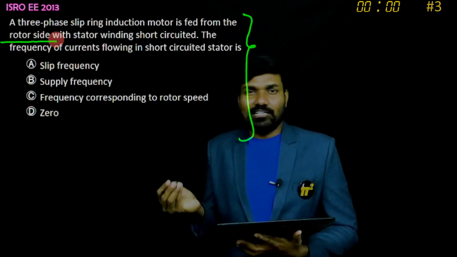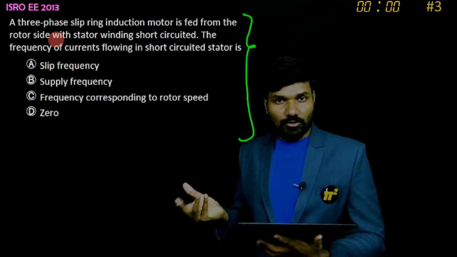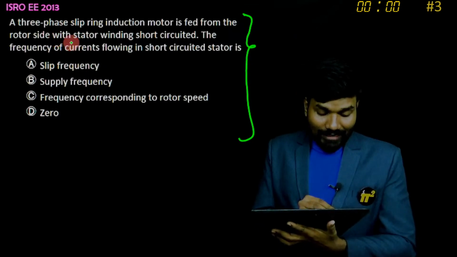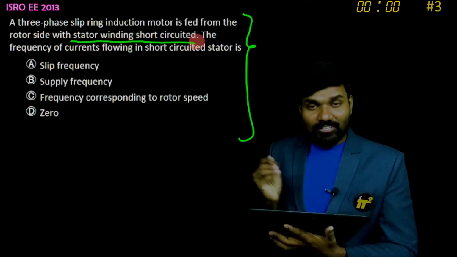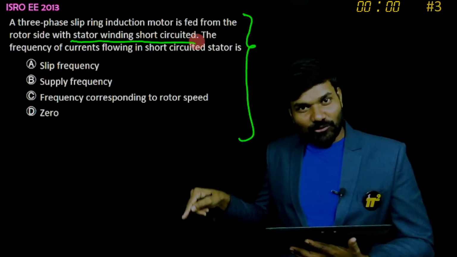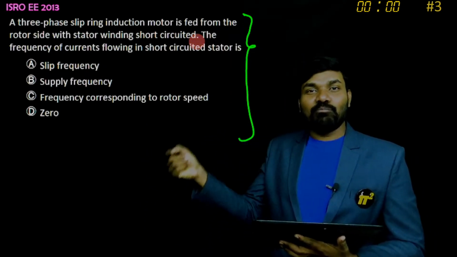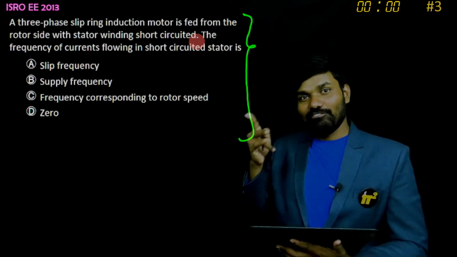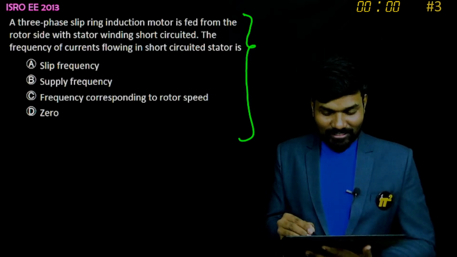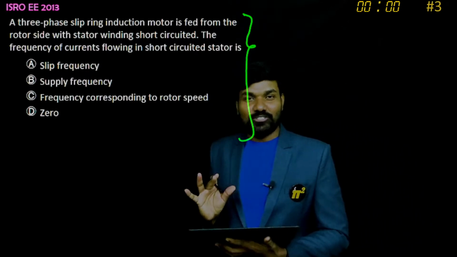So it must be a slip ring induction motor, because in a squirrel cage induction motor it's not possible to give supply to the rotor. And the stator winding is short circuited. Normally, we short circuit the rotor and give input to the stator. Now it is reversed. Roles are reversed. So this is really an interesting question.